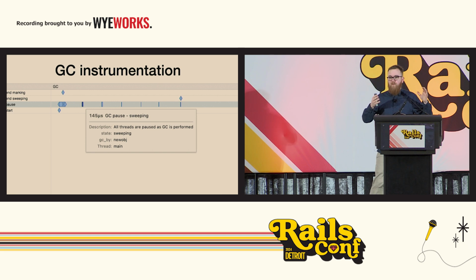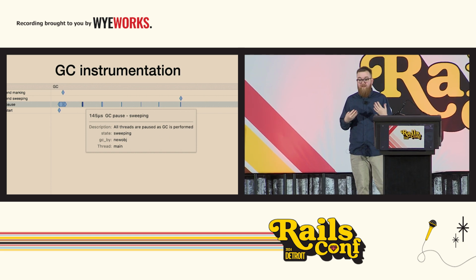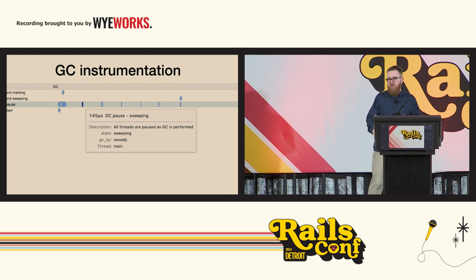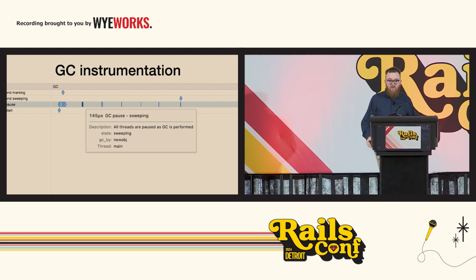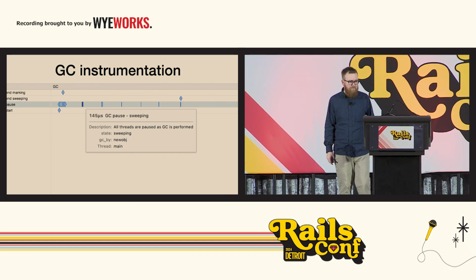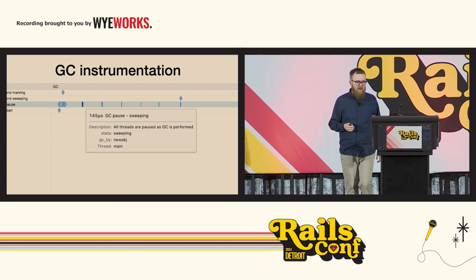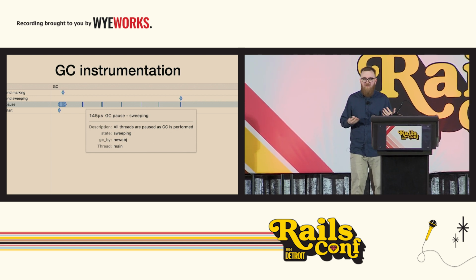Vernier subscribes to a few Ruby internal APIs, or APIs exposed to C, which gives it more information about what the VM is doing. For example, we have instrumentation of the garbage collector, so you can see when the garbage collector is active. I think the garbage collector has been another place folks have prematurely worried about performance.